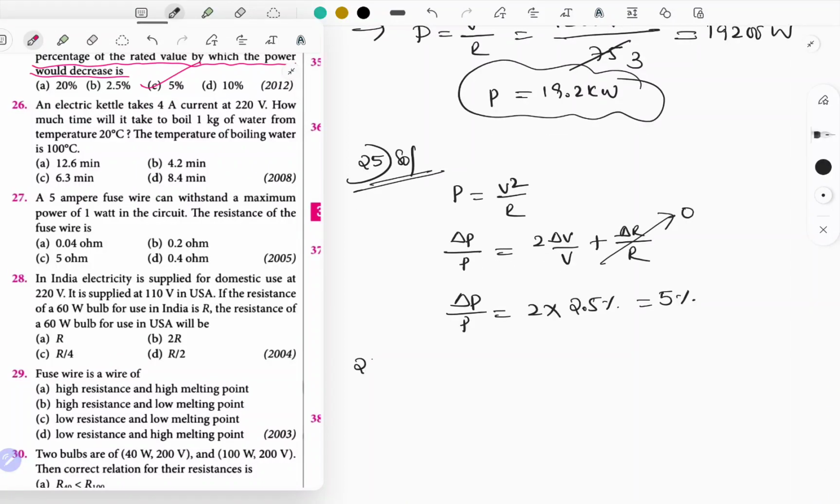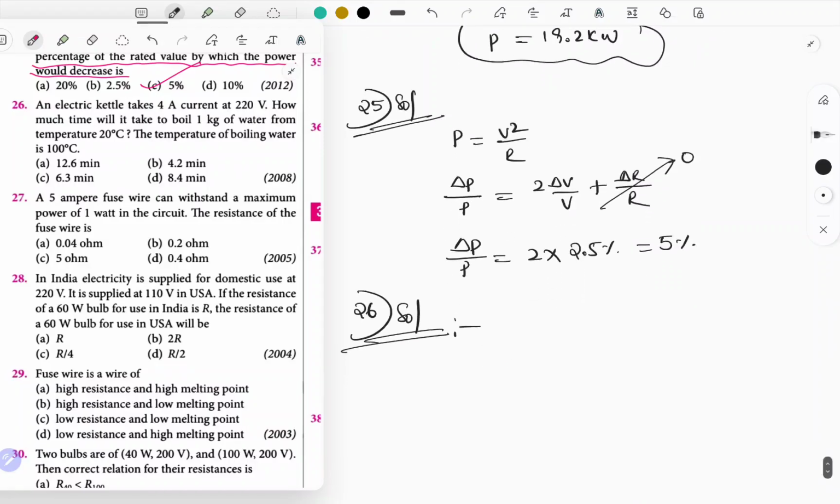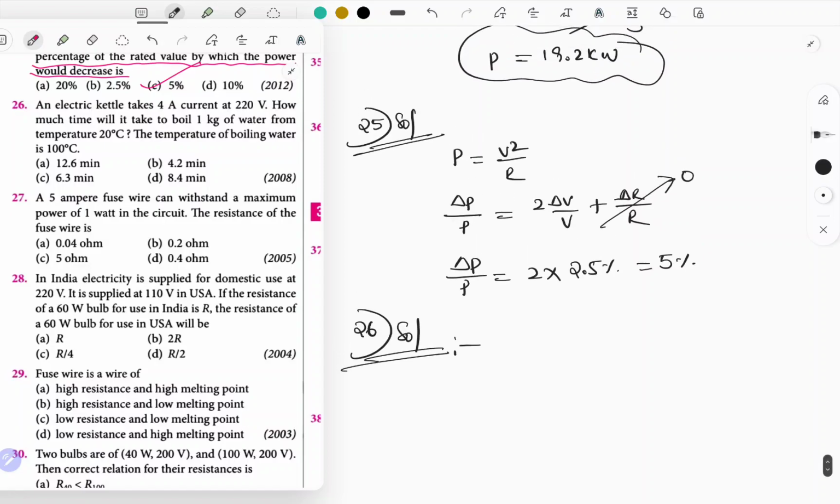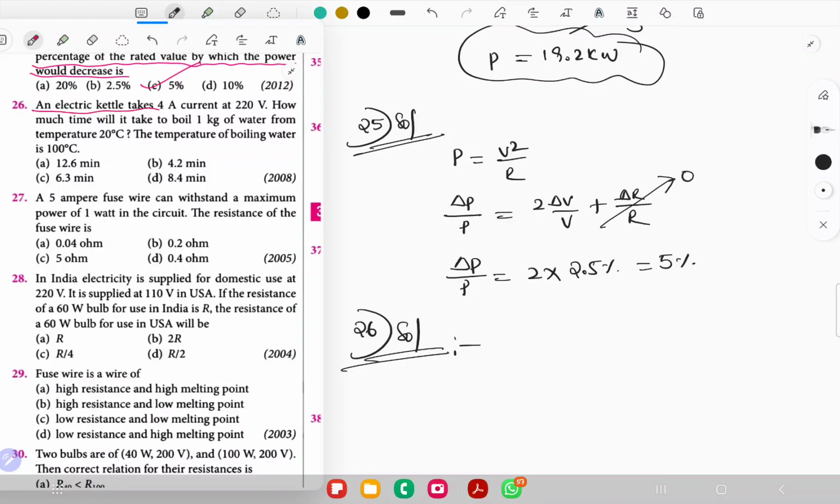Next question number 26. Hope you guys are following all the questions and trying to match my speed. Next, let's move on to question number 26. An electric kettle takes 4 amperes current at 220 volt. How much time will it take to boil 1 kg of water from temperature 20 degrees Celsius?